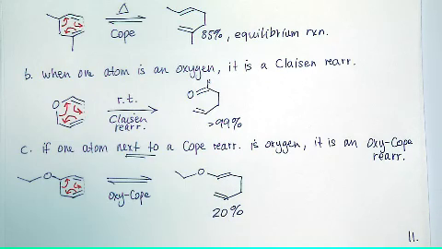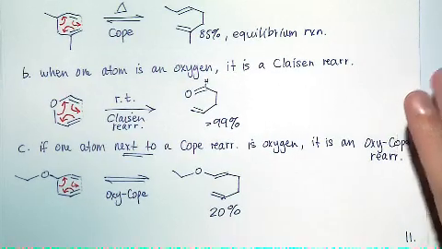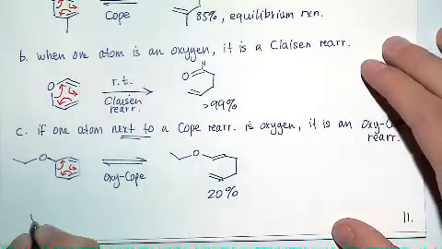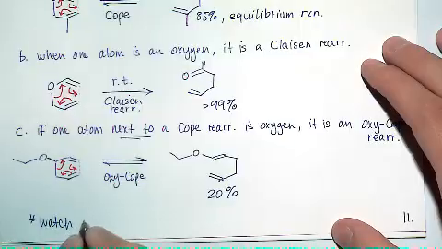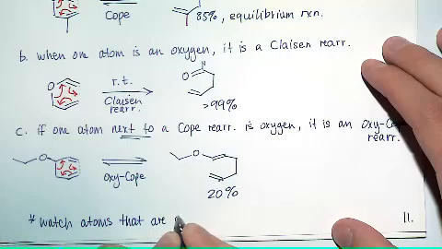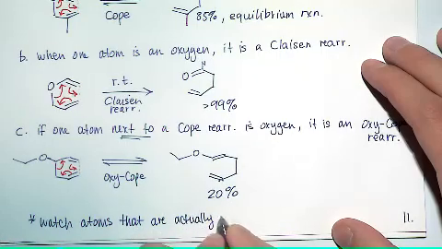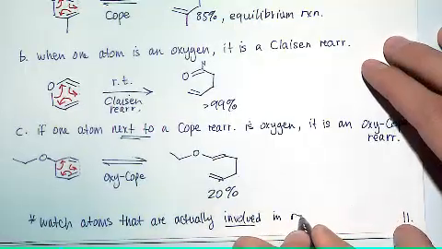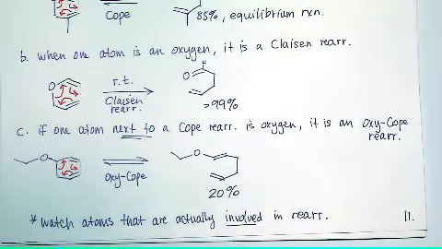But the main thing I want you to be aware of here is that you see the oxygen and you'll go, oh, it's a Claisen rearrangement. Not necessarily. You need to make sure you look at the atoms that are actually involved in the rearrangement.